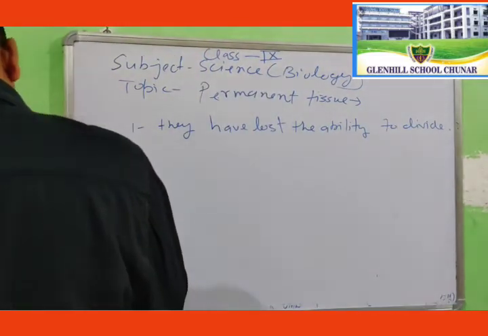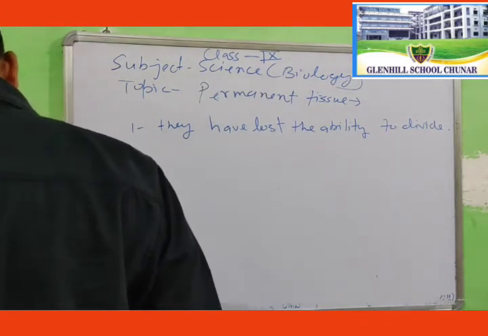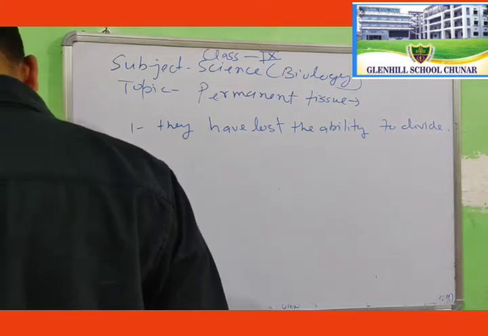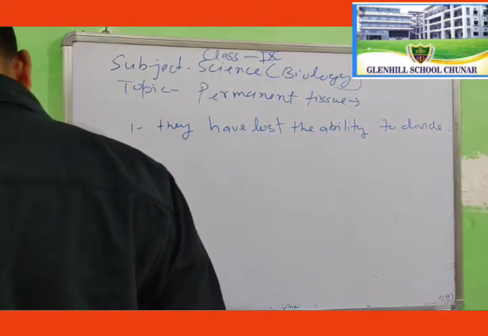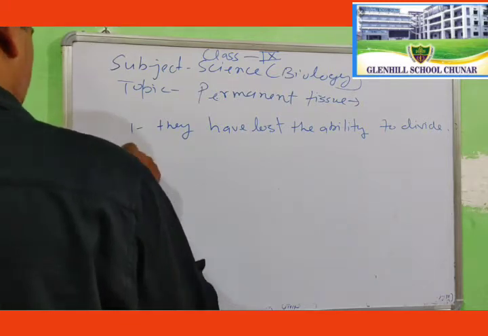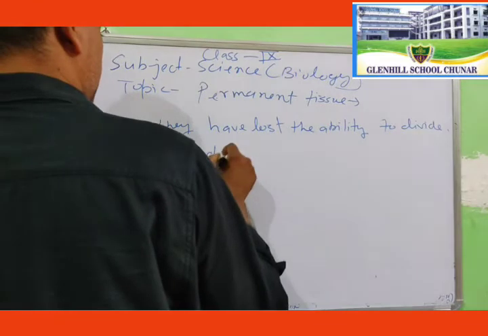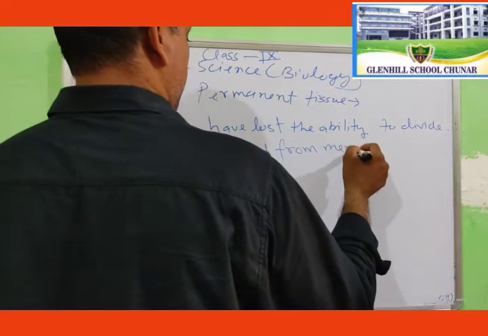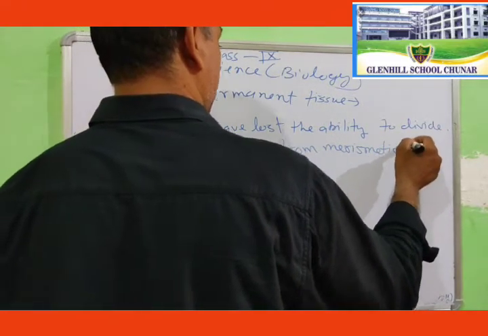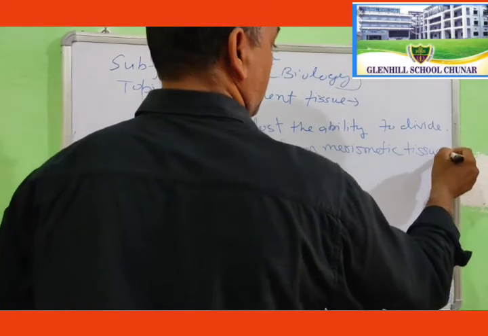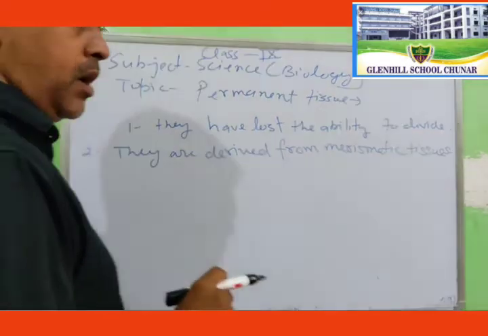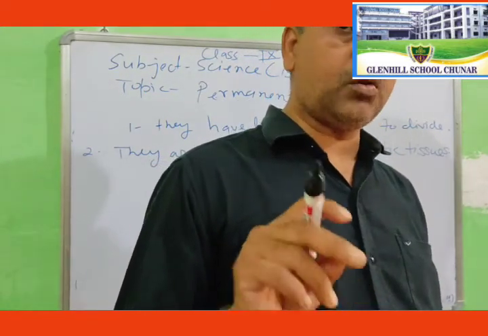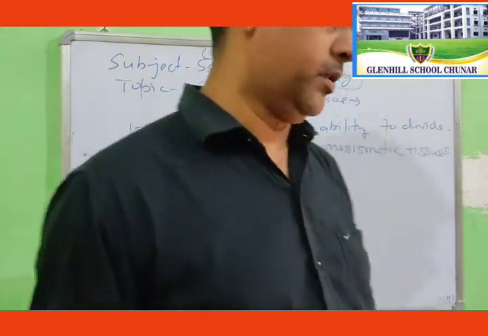Second, they are derived from meristematic tissues. First of all, write down the class work notes. It is very important for revision in biology.